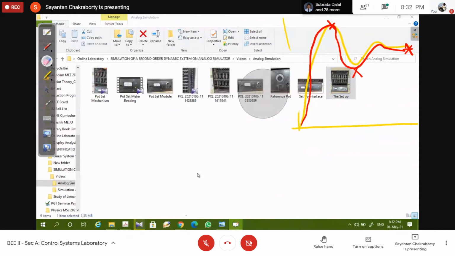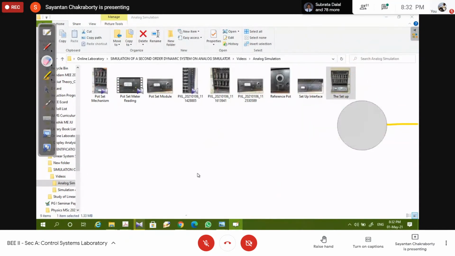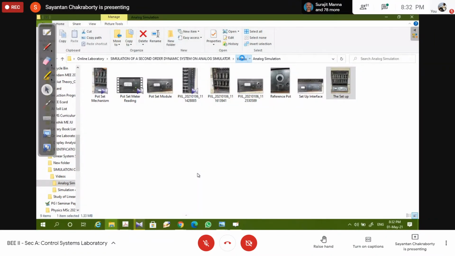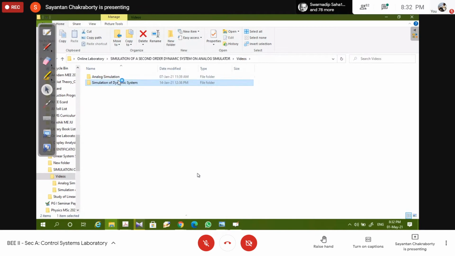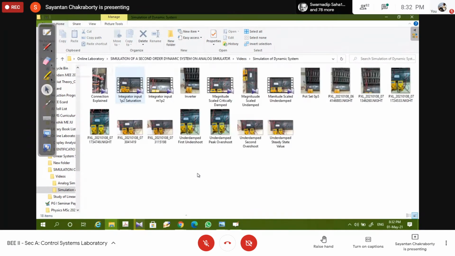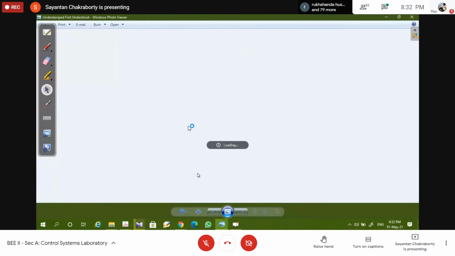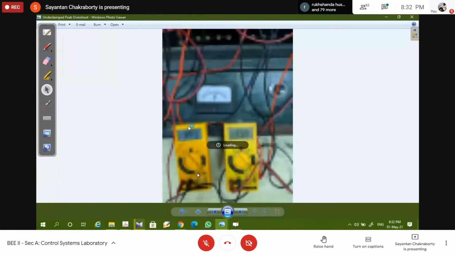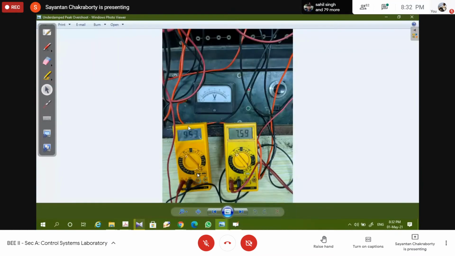I think it's very difficult to show all these things from a laptop or an online thing, but I've tried my best to give you the idea. This is the first response, the first peak overshoot.